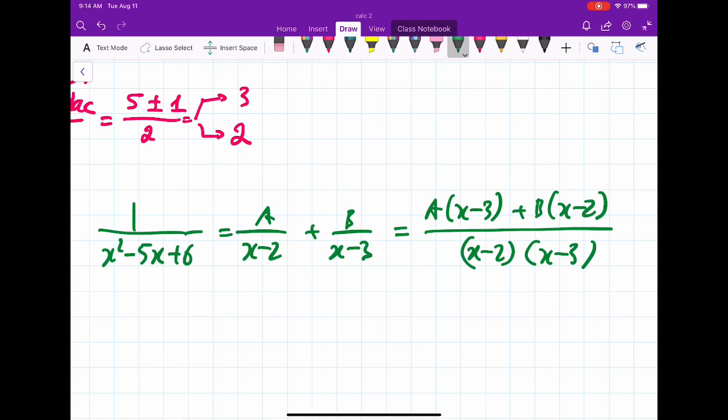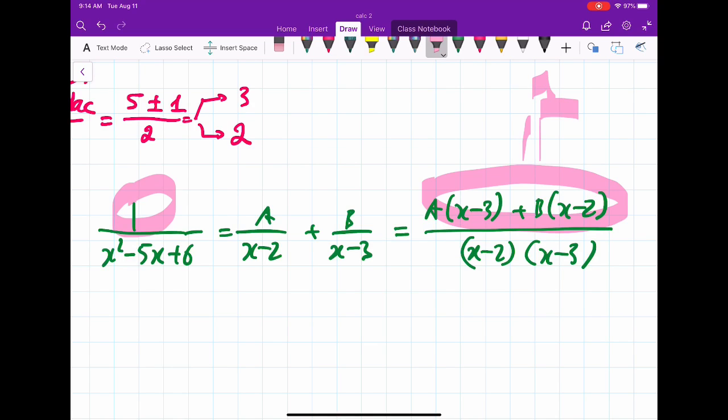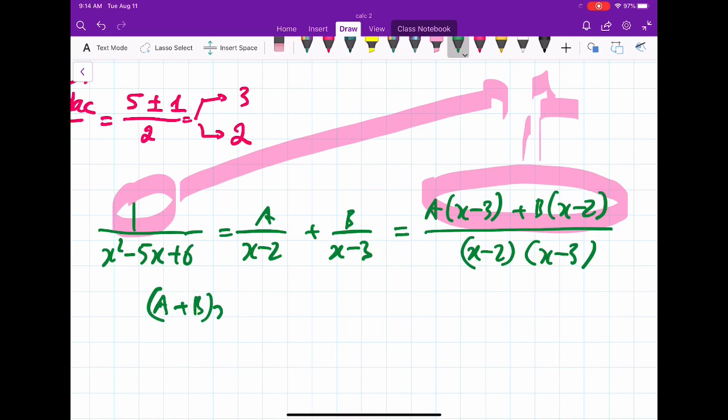And then we compare this part with the 1, because we have 1 right here, you see? So if you solve that, you have a plus b times x, because in this you have ax and bx, right? (a plus b)x minus 3a minus 2b equal to 1. Here we don't have any x, that means a plus b is equal to 0.